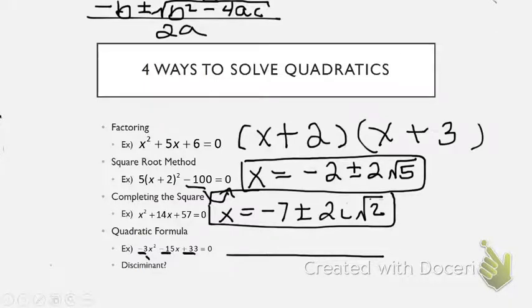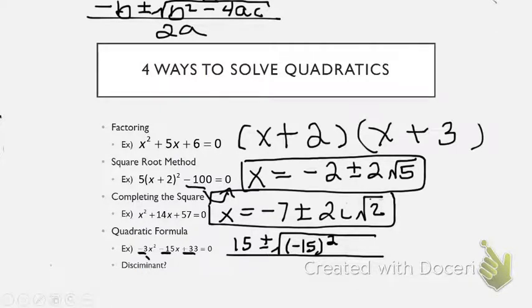Well, the negative of a negative 15 becomes a positive. We just change the sign. 15 plus or minus the square root of negative 15 squared. Please notice that I put negative 15 in parentheses.